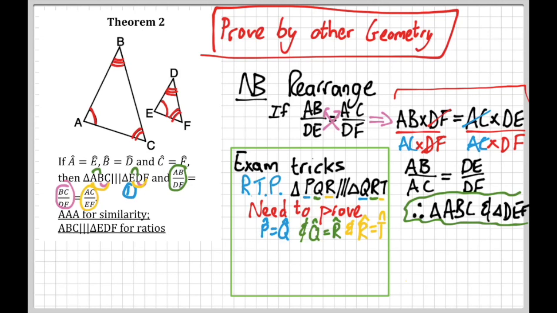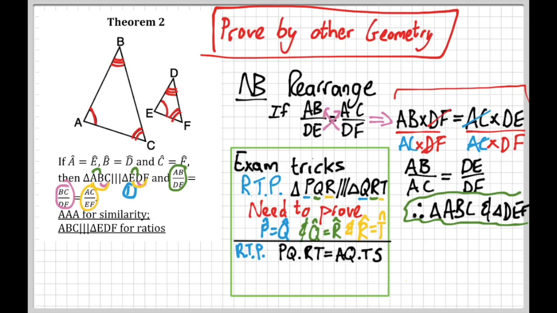Another little dirty exam trick that I want to share with you, and I will explain this more in the second exam type questions, is if they ask me to prove some expression like PQ times by RT equal to AQ times by TS. Let's say they ask me to prove this.